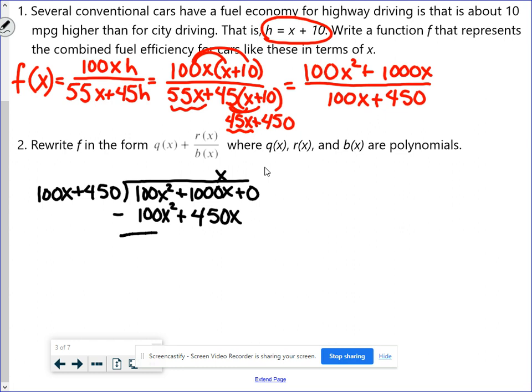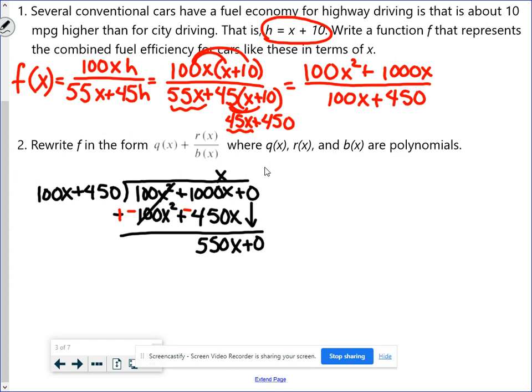Now I do my subtraction, and we would add the opposite. So my x squareds cancel. 1000x minus 450x is going to be 550x. We bring this down, plus 0. So what do I have to multiply 100x times to get to 550x?